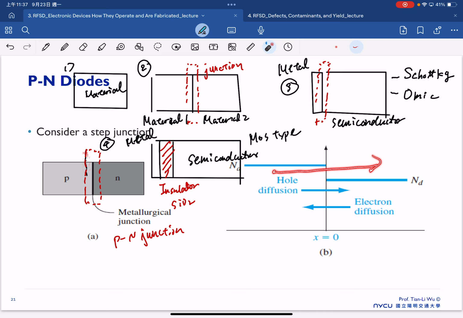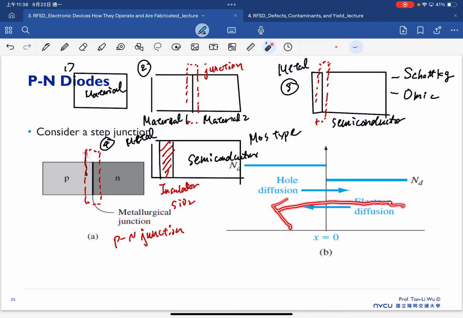That is because of the concentration gradient. So this is the P region, where you have a higher hole concentration. And on the other hand, this is the N region, a place where we have a high electron concentration. So we can also expect the high electron concentration to move towards the left, because of the concentration gradient.